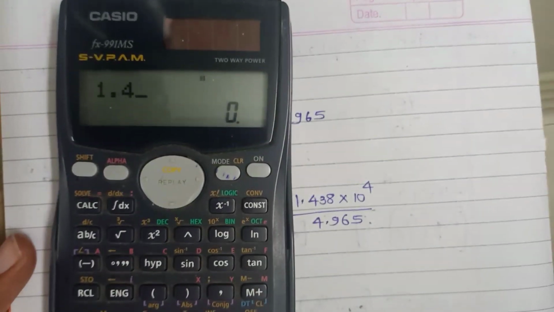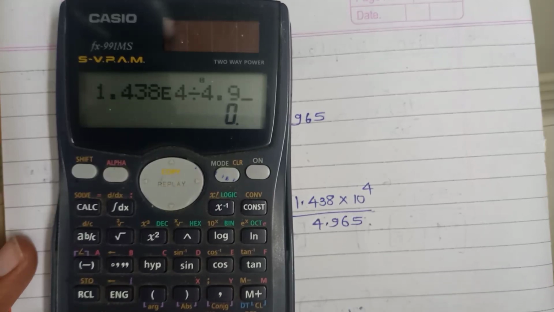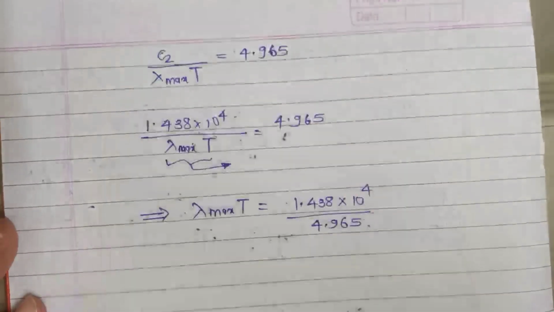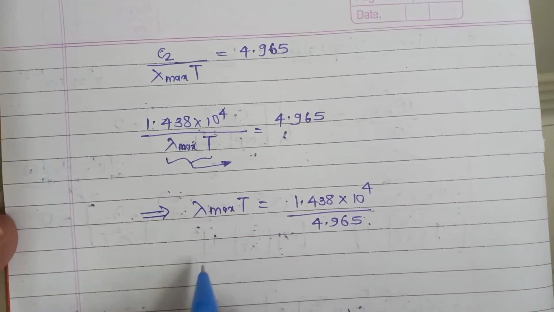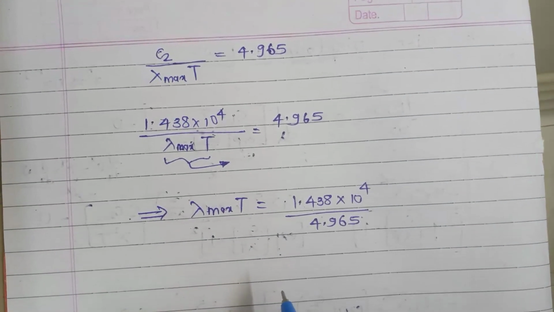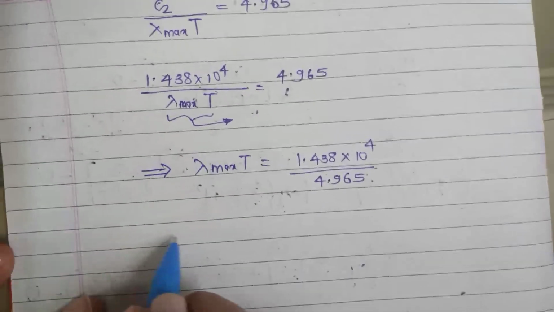So 1.438 E4 divided by 4.965. What we get is 2897 approximately, 2896.27. Generally it is taken as 2897 considering errors in the decimal places, because we have solved the equation using trial and error method.